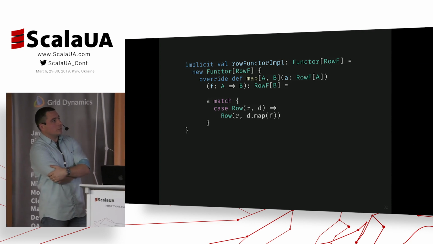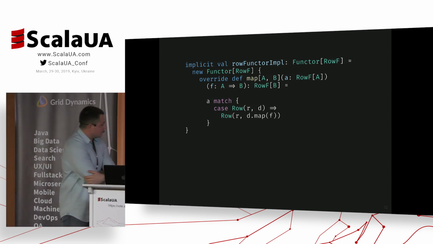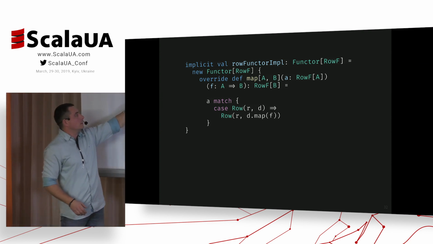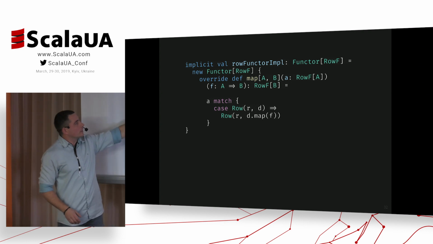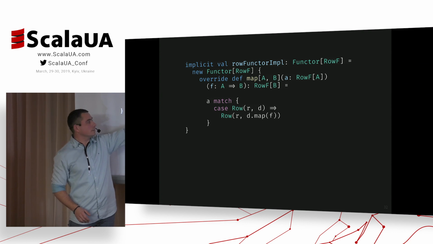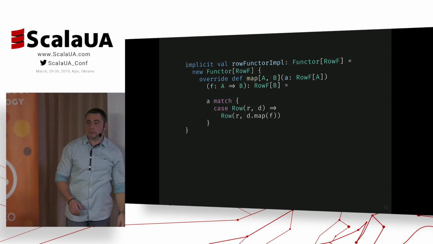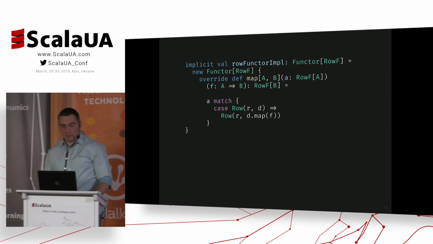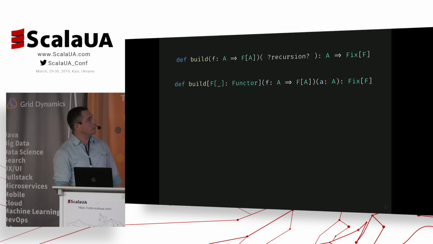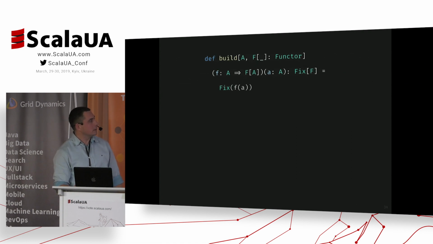We represent this notion of recursion as a functor, and don't be scared, this is all boilerplate. We take a function from A to B, and we just apply it to the children using the map function we already have defined on sequence. Nothing which you could call complex. Okay, using this functor, we denote that we need a functor for type f, and we can get rid of this recursion blah blah, and that's it.